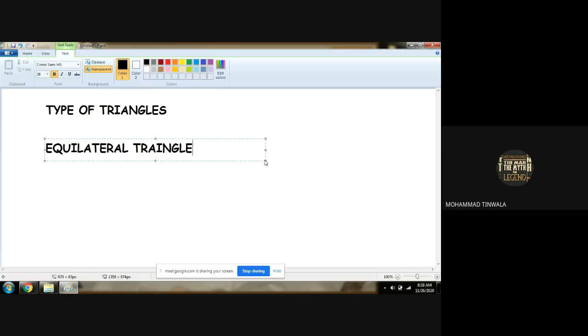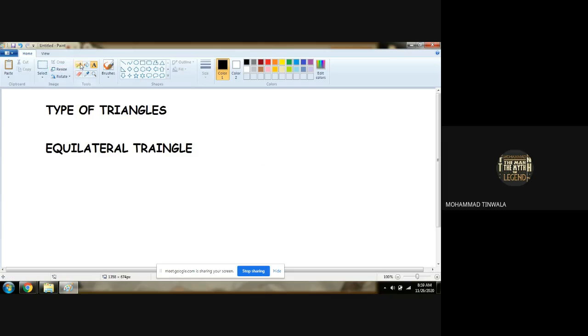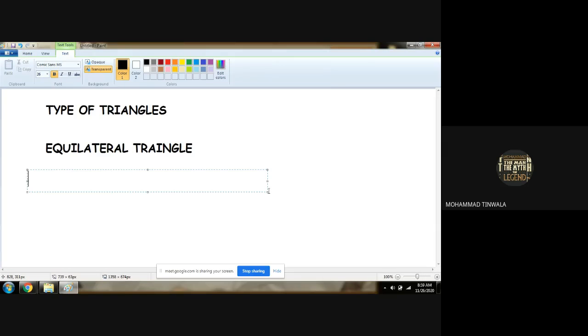Now, what do you mean by equilateral triangle? There are some points to be remembered. Equilateral triangle, we have to take care. First point: all the sides are equal.